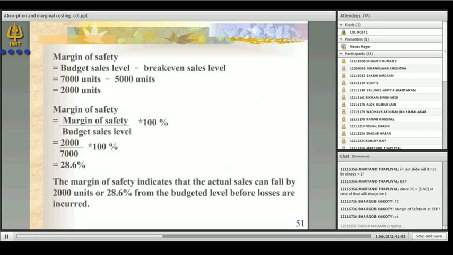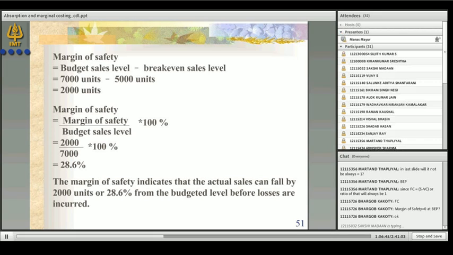So your budget sales level is 7,000 units, break-even sales level is 5,000 units. So you are 2,000 units above the break-even sales, which is your margin of safety. So margin of safety indicates that the actual sales can fall by 2,000 units or 28.6% from the budgeted level before losses are incurred.